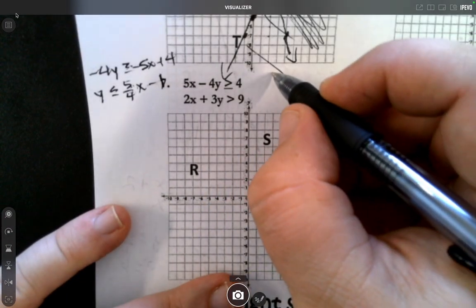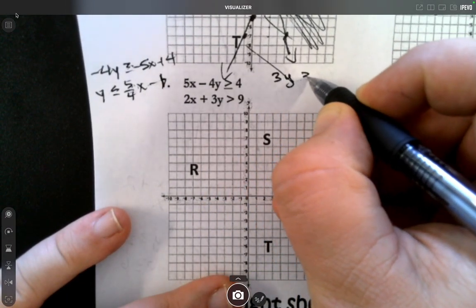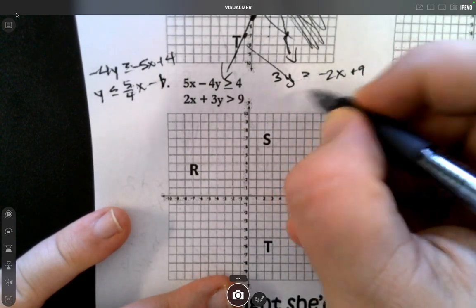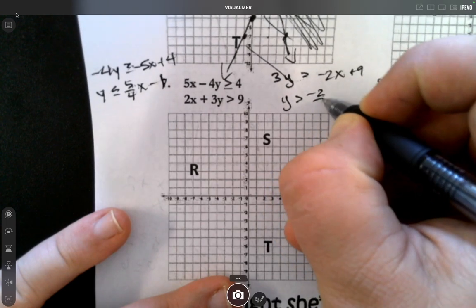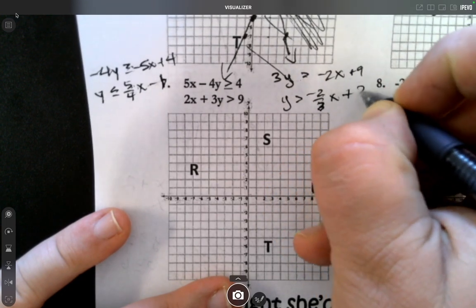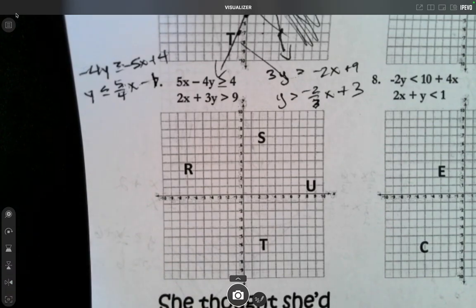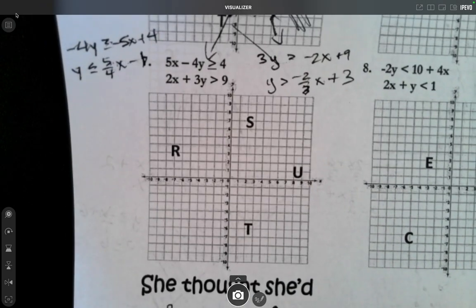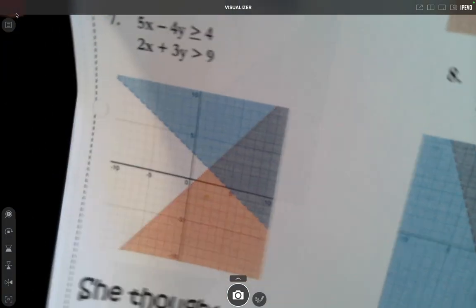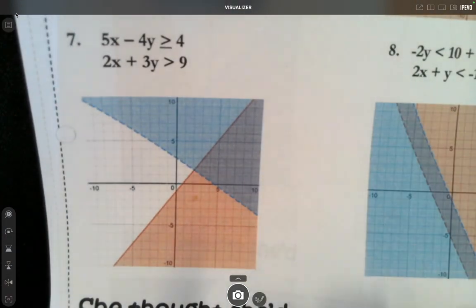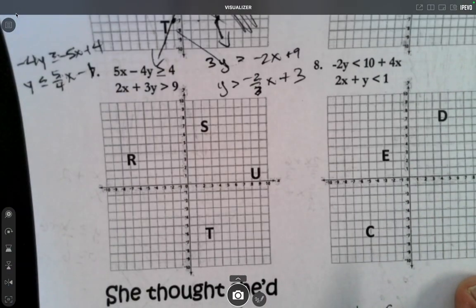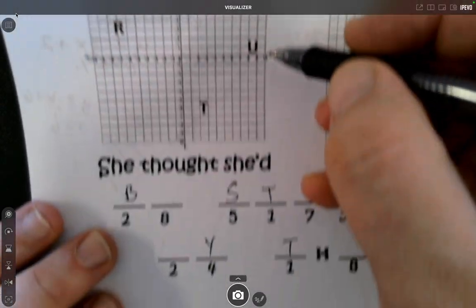On this one, we subtract 2x from both sides and divide everything by 3, giving us y is greater than negative 2/3 x plus 3. So when you graph those and shade it, it'll be over on the far right side that we get shaded. If you need to pause, feel free. So it's the U that we use for number 7.